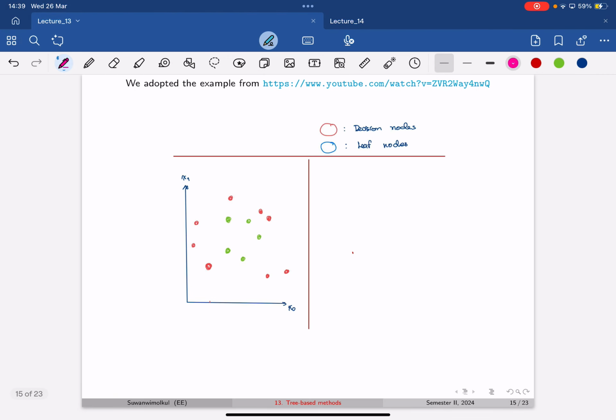This is probably what it should look like. Let's say you have data belonging to 2 classes, the red and the green. If you were to draw the partition representation just like previously, probably you would do something like this, and it depends whether or not you want this to be too separated, but usually they will.